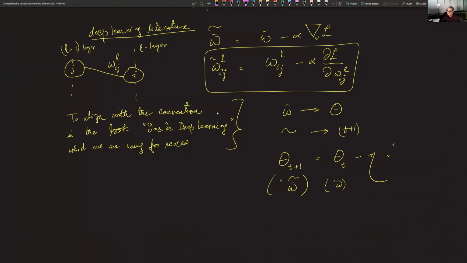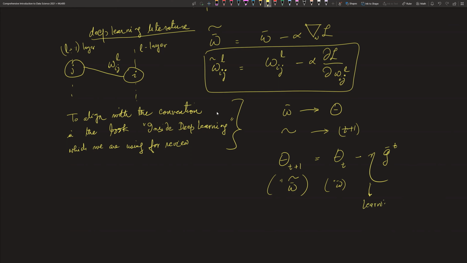so let me just write it here. This book writes the gradient as a G vector, G, and for some reason makes it into a superscript, right? So the convention is slightly inconsistent, but for whatever it is, this is what the book follows. So now, what is the eta in our language, guys? What are we calling it? Alpha. Learning rate.